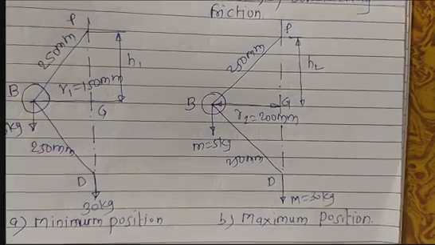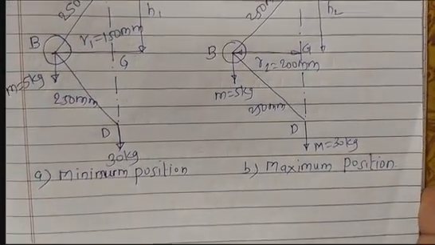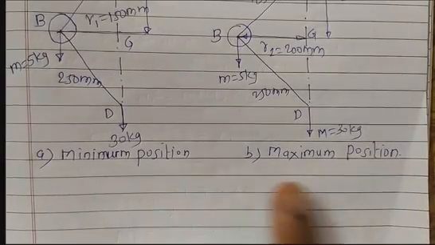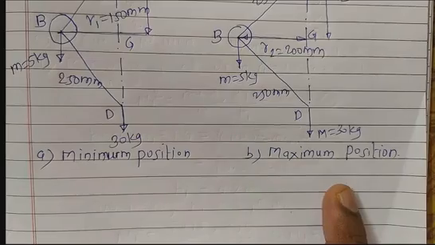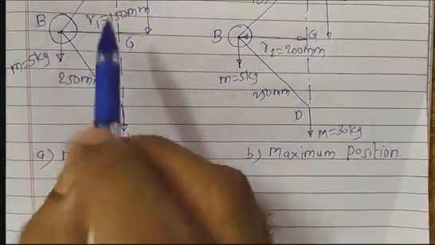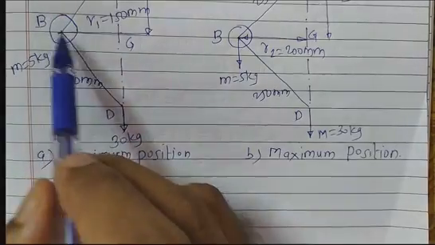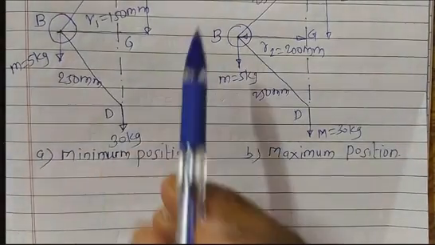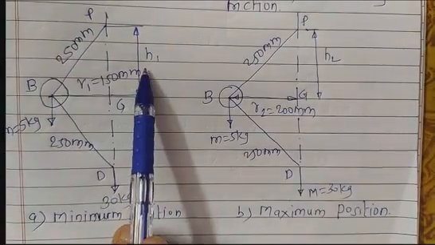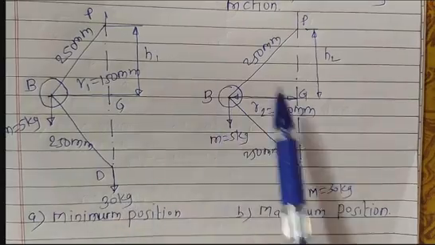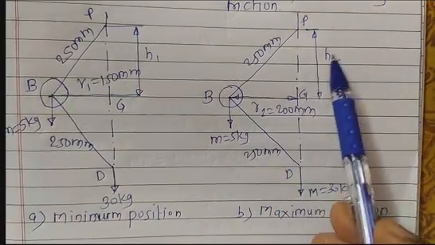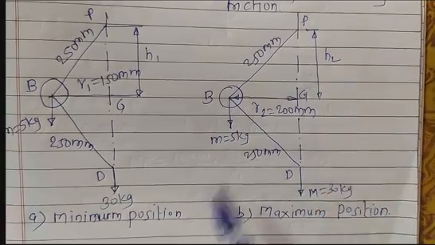Now first of all, get the values of speed corresponding to this minimum position as well as the maximum position. For that, if you concentrate on this triangle PBG, by using Pythagoras theorem, you can get the value for this h1. Similarly, by considering the maximum position, you can get in a similar way the value of h2.